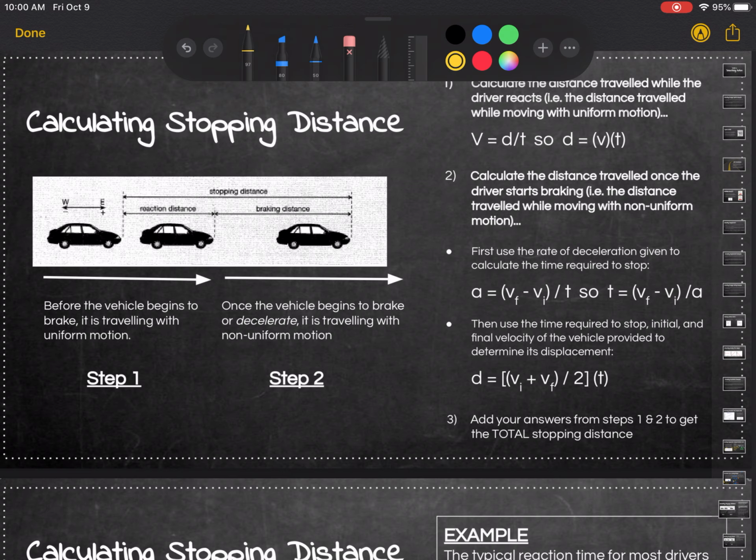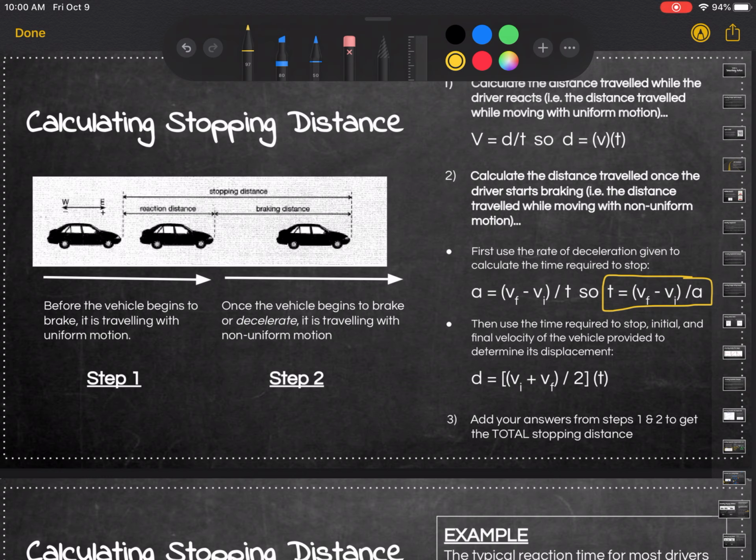That is how we figure out the distance traveled while moving with non-uniform motion, while you start to brake. Then we use the time required to stop, initial and final velocity of the vehicle provided to determine its displacement. So using this formula here, add your answers from step 1 and 2 together to get your total stopping distance.